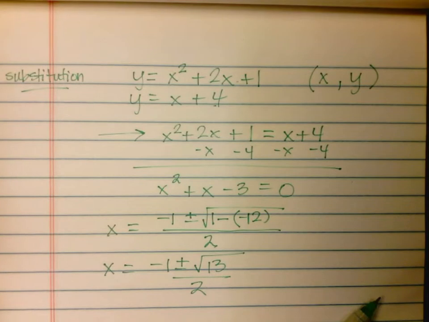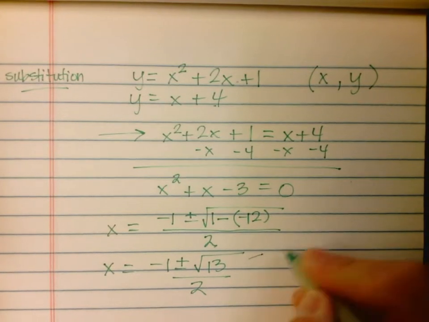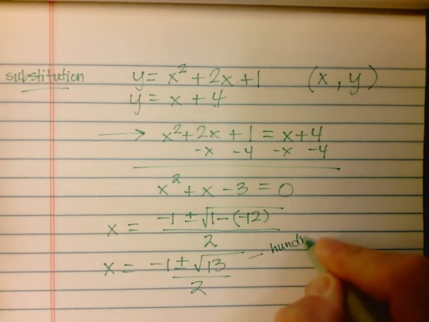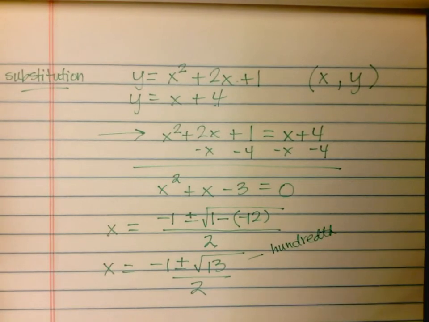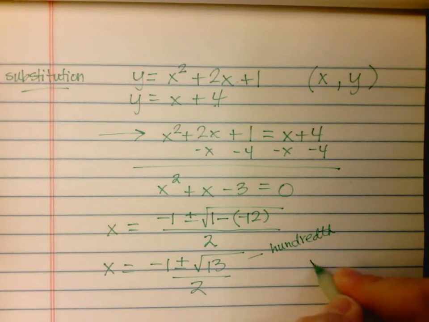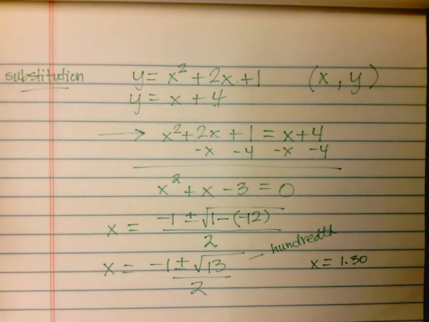So I'm going to go ahead and round this to the nearest hundredth. I'm going to take negative 1 plus the square root of 13, and then divide that by 2. One of my x values is 1.30.